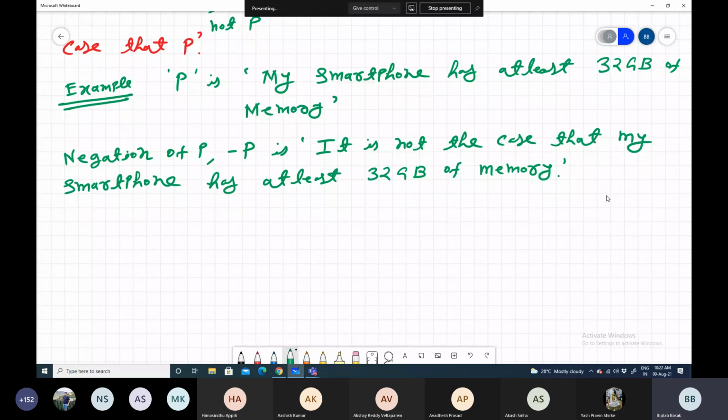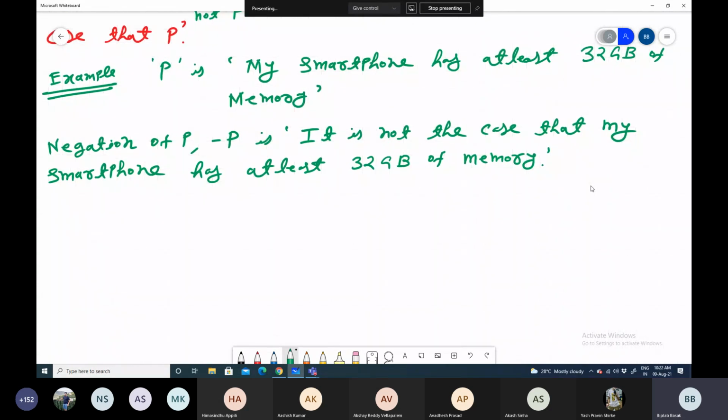But generally, when we ask you to write the negation, you should not write this one. So actually, we don't want this. Okay, but this is correct. It is a correct statement, but we do not want this one. So we want the negation of P in a simple sentence.